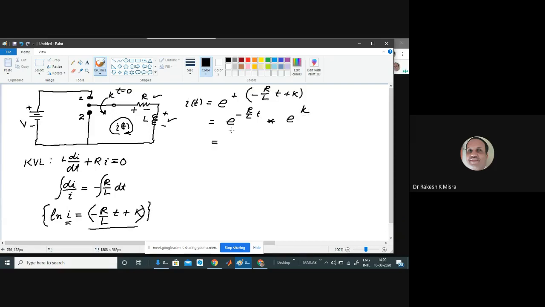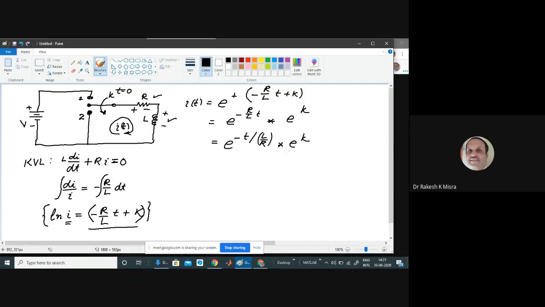This can be further written as e to the power minus t divided by L by R, into e to the power k.